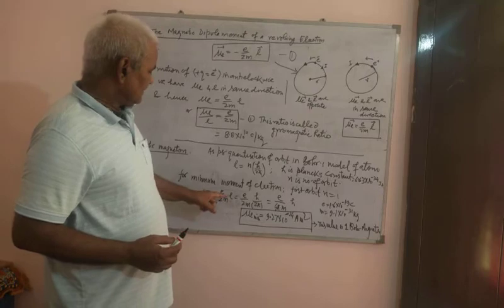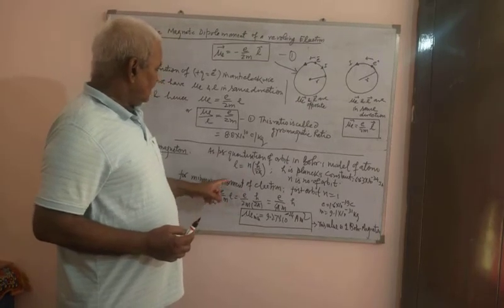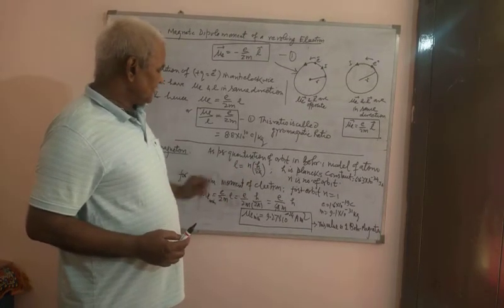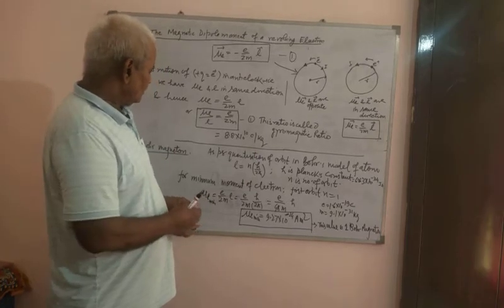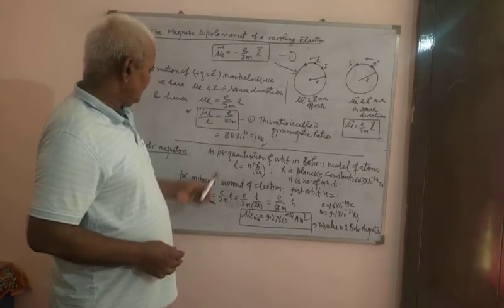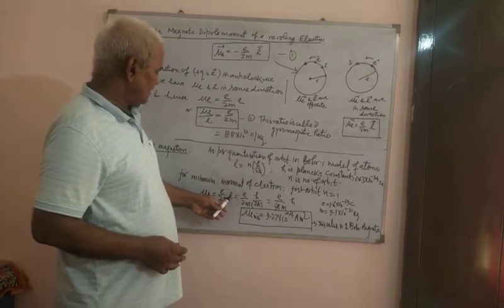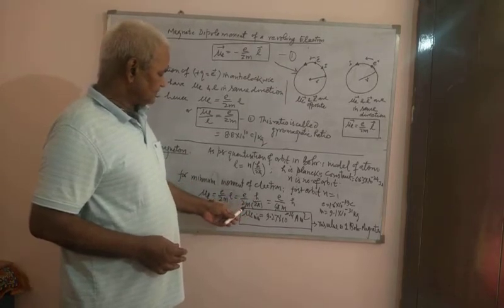So in that case, L will be equal to 1 h upon 2 pi. So to get the mu L value, we have e by 2m into L, and L is 1 h upon 2 pi.